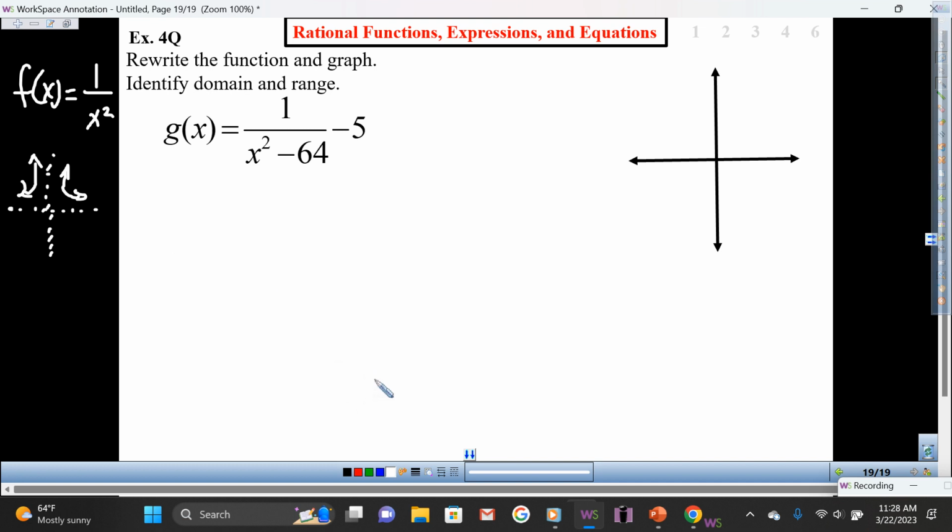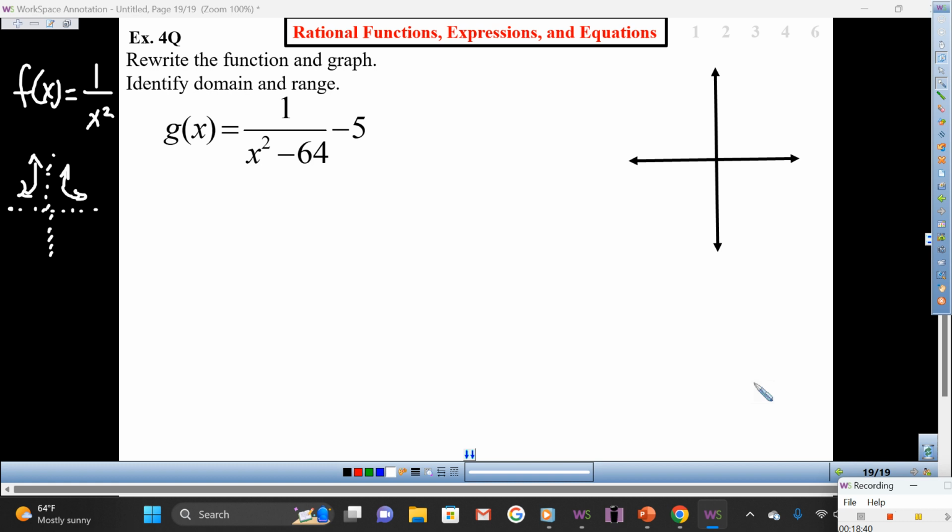I'll give you guys a head start. Go. All right, here we go. So, we need a VA, we need a HA, and of course the HA is right here, so that's negative 5.